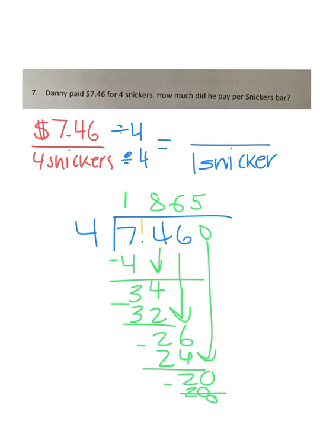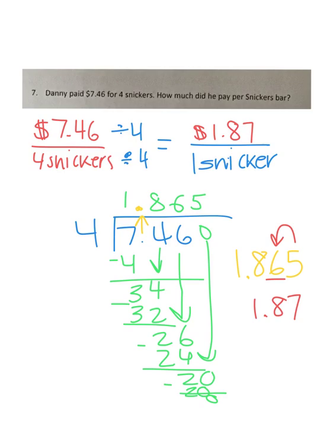Don't forget to shoot your decimal through the roof. So you get 1 and 865 thousandths, but we're talking money, so you know we need to round. The 5 tells me to round the 6 up to 1 and 87 hundredths. So for 1 Snickers, it should be $1.87 as your final answer.